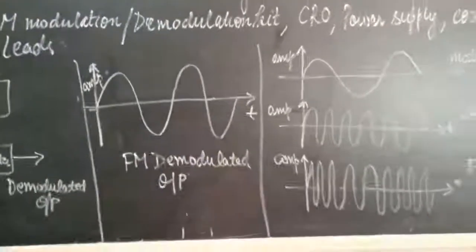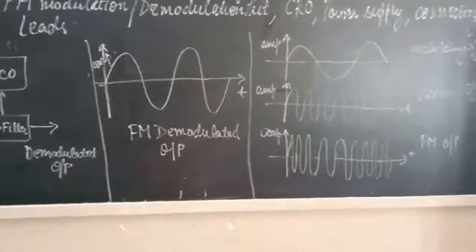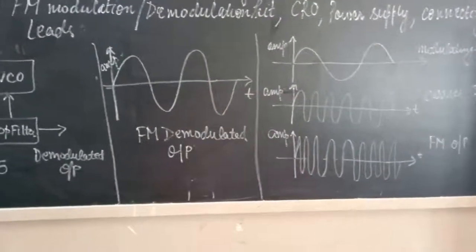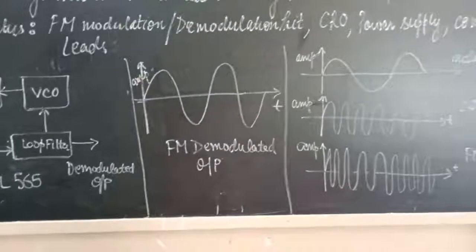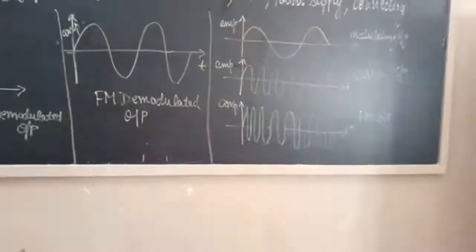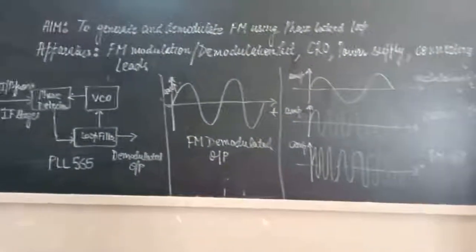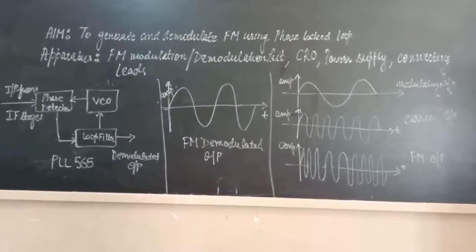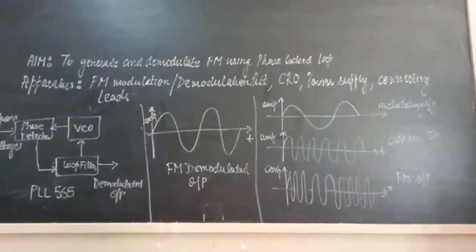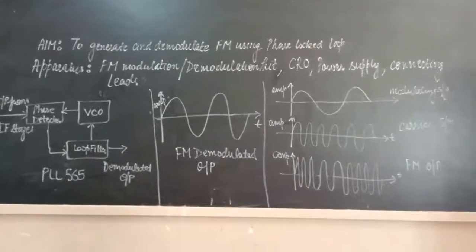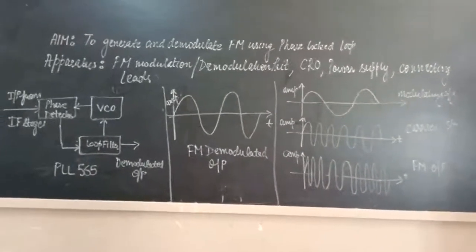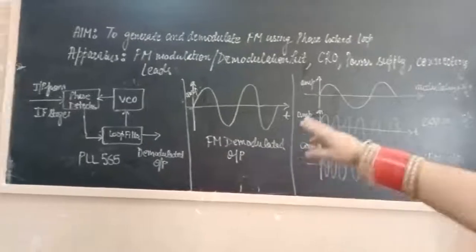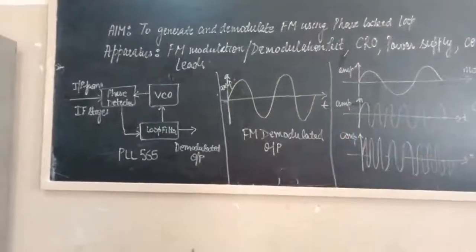PLL in detail. So PLL is a very useful RF building block, and the PLL uses the concept of minimizing the difference in phase between two signals. A reference signal, meaning a signal coming from the input from the IF stages, and second, a local oscillator, meaning the VCO signal.